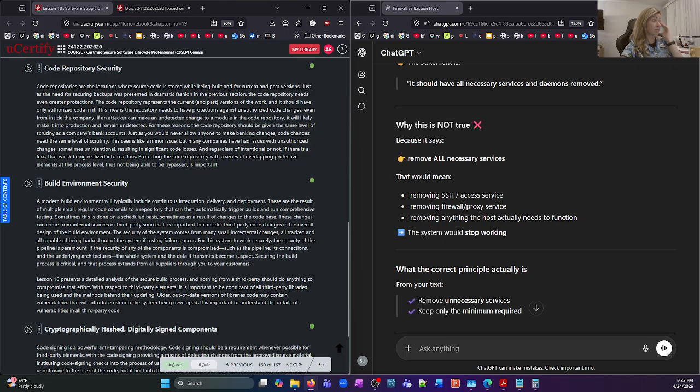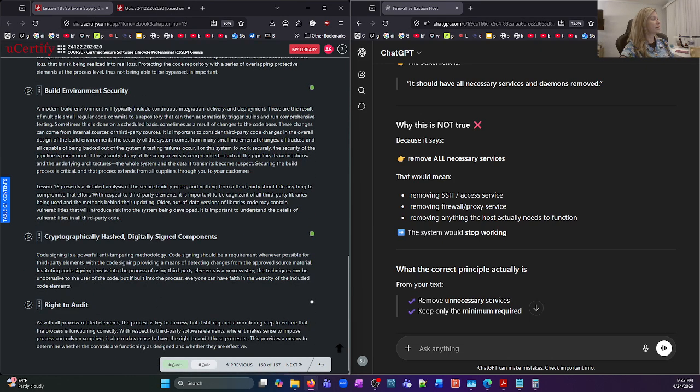This seems like a minor issue, but many companies have had issues with unauthorized changes. Build environment security will typically include continuous integration, delivery, and deployment. These are the result of multiple small regular code commits to a repository that can then automatically trigger builds and run comprehensive testing.